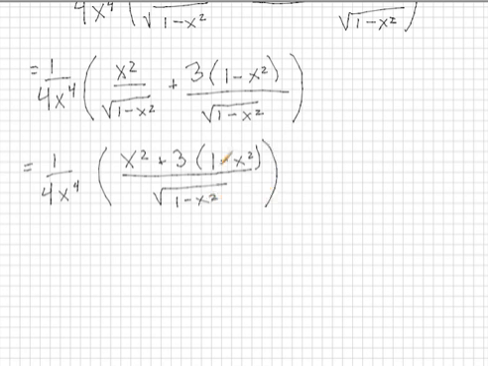Let's go ahead and distribute this 3. It looks like we have x squared plus 3 minus 3x squared all over that common denominator.